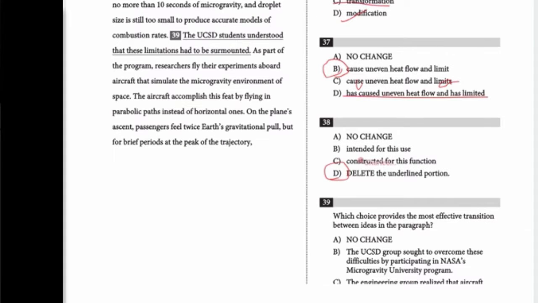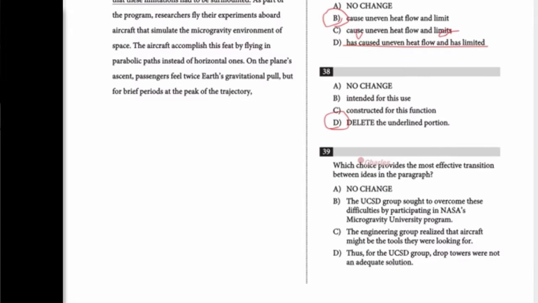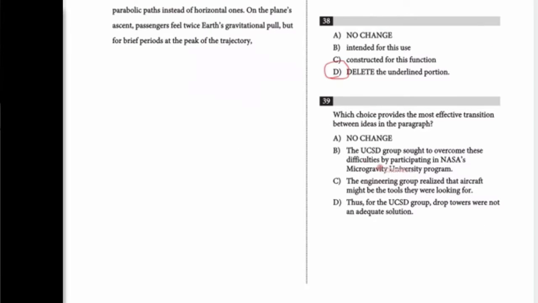So what captures that? They understood the limitations had to be surmounted. No. The group sought to overcome these difficulties by participating in NASA's Microgravity University program. That might be. The engineering group realized the aircraft might be the tools they were looking for. It's not a great transition. Thus, for the UCSD, drop towers are not an adequate solution.